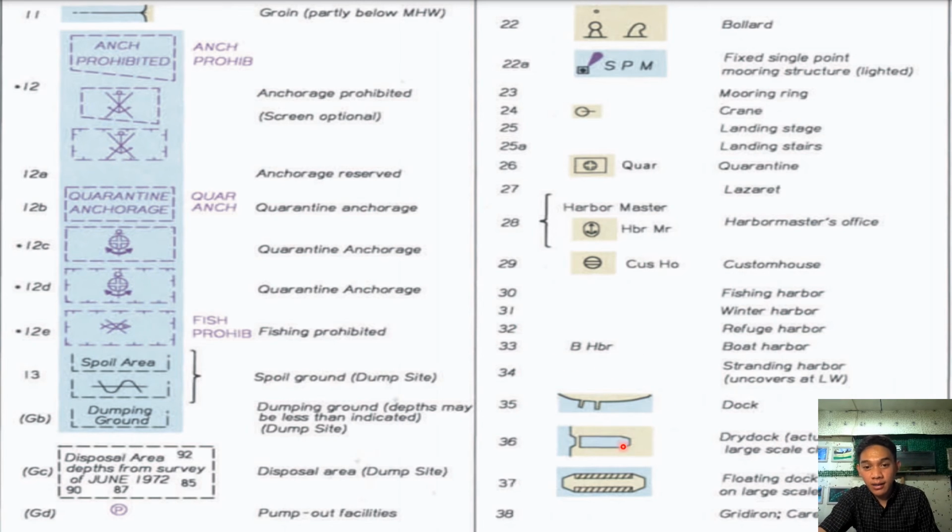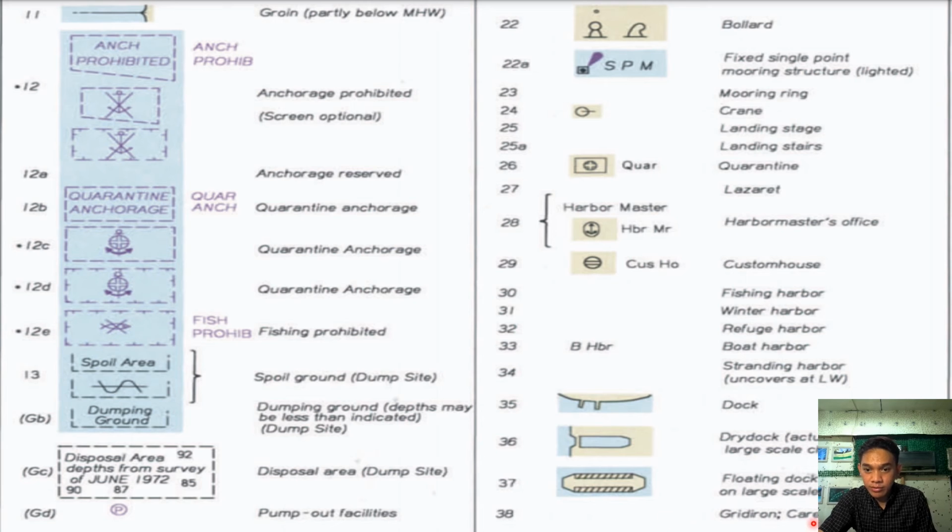Next is a dock. So this right here. This is a dock. Next is a dry dock, which has this water part, and this is also the water part in here. That is a dry dock, this symbol. Next is a floating dock, this right here. Floating dock.